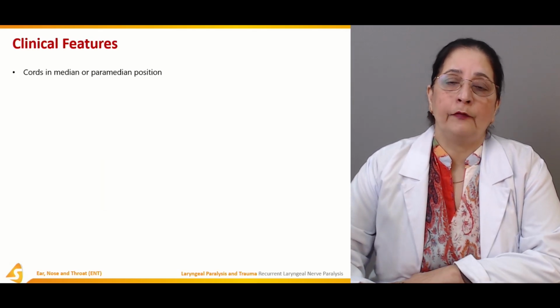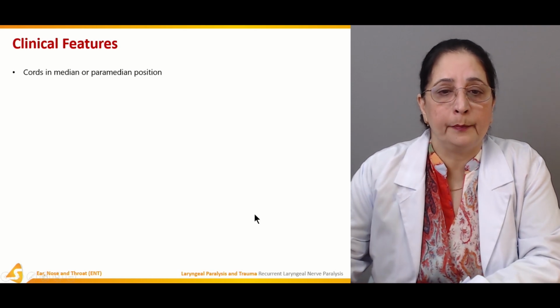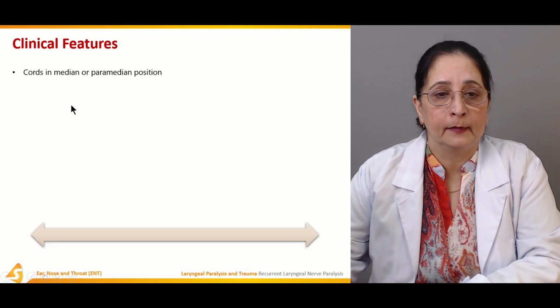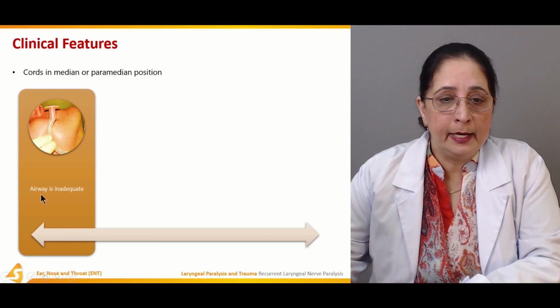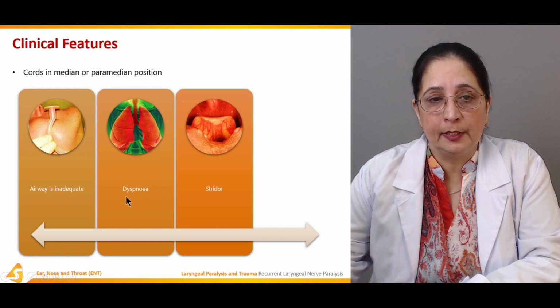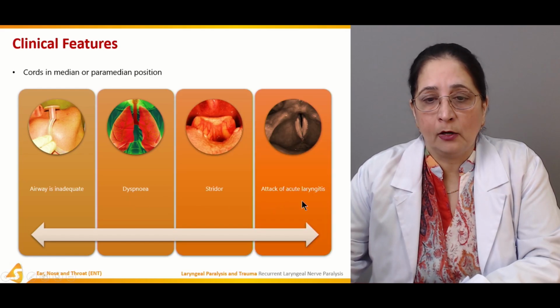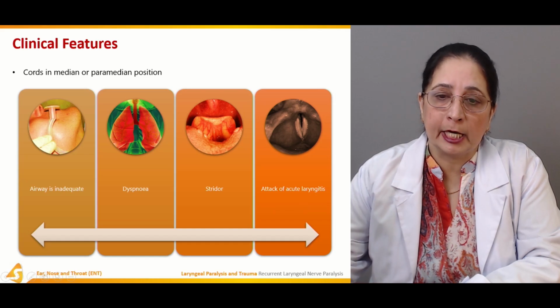Clinical features of abductor paralysis: cords in median or paramedian position, airway is inadequate, dyspnea or difficulty in breathing, stridor, and attacks of acute laryngitis.